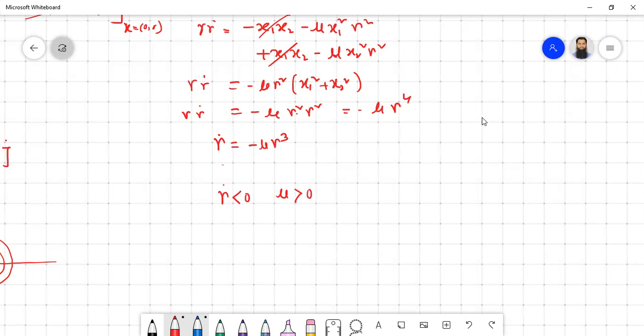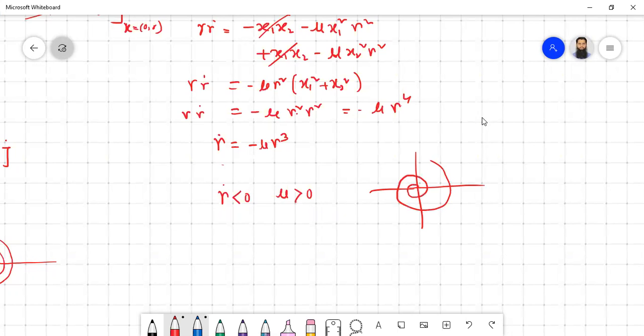So basically, once this is the scenario, the trajectory near the equilibrium will resemble a stable focus, always going to the equilibrium point.